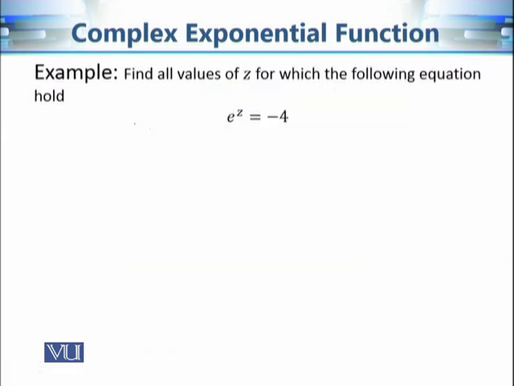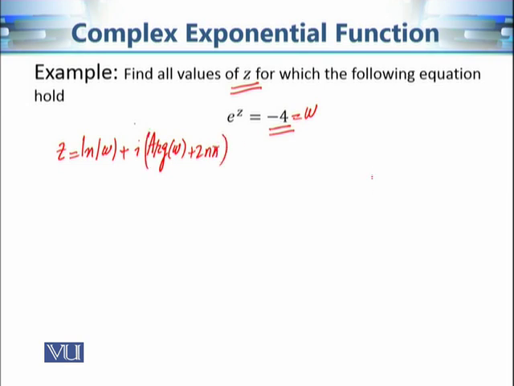So now let's consider this simple example where we want to calculate all values of z which are mapped onto this complex number in the w plane. This complex number is -4, and we know how to find these values by using the expression that we derived. So z is equal to log of modulus of w plus iota principal argument of w plus 2 n pi.